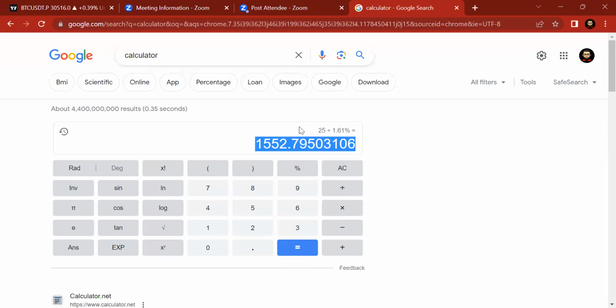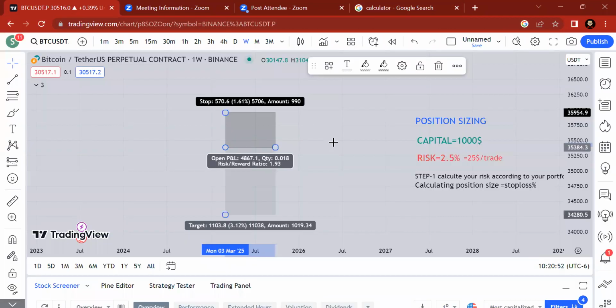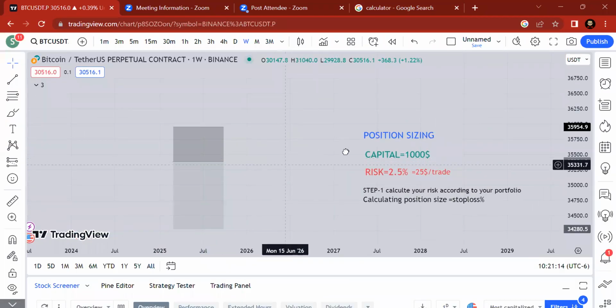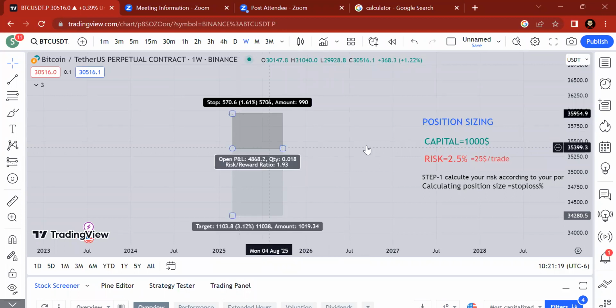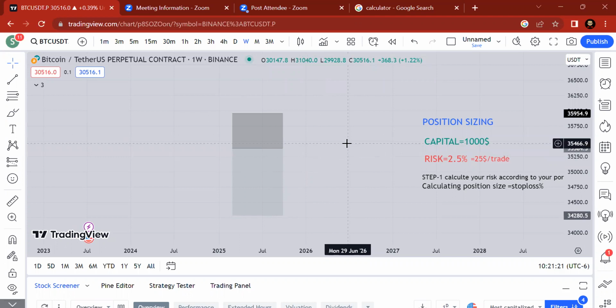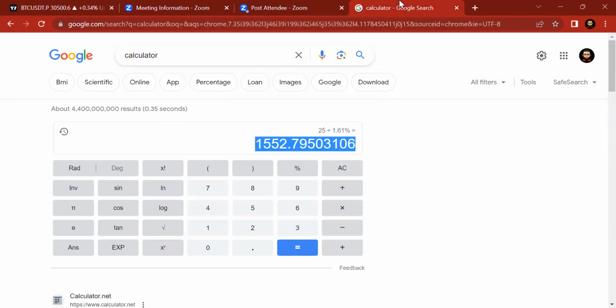Now open Binance, Bybit, whatever exchange you are using. First of all, we set a limit order where we will short this. We put our limit, our stop loss, and our target. Then in the USDT section, where we put how much position size it should be, or how many dollars we want to invest in this trade, you will put this number, 1552.